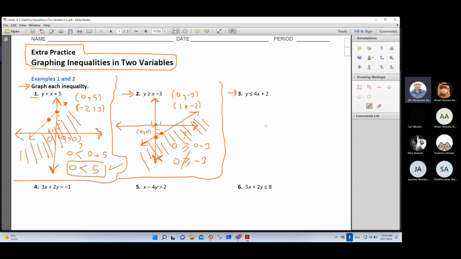Now exercise number 3. If you choose the value of x as 0, 0 times 4 is 0, so y will be 2. And if you choose the value of x, for example, -1, -1 times 4 will be -4. -4 plus 2 will be -2.